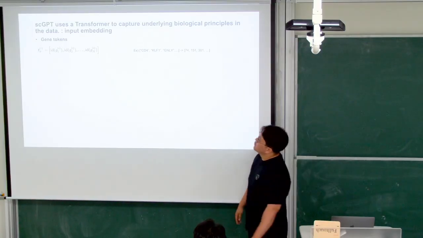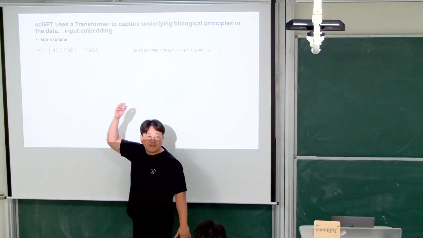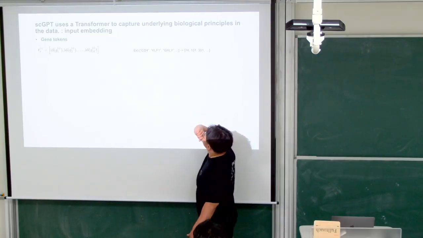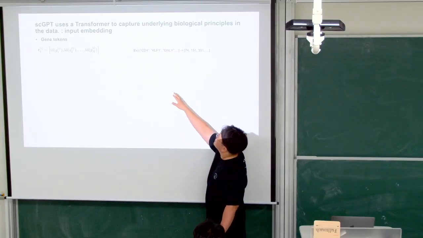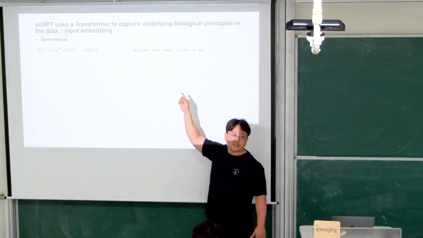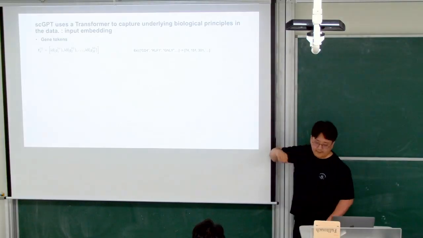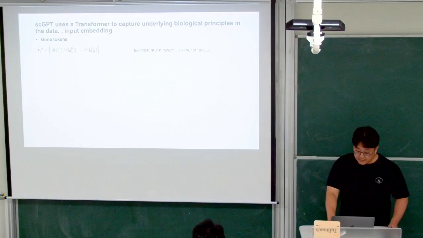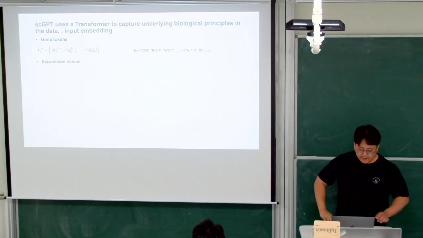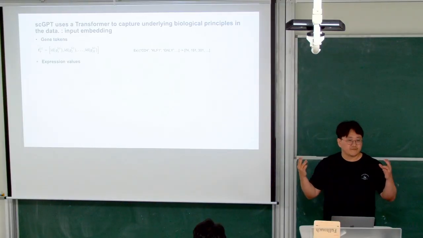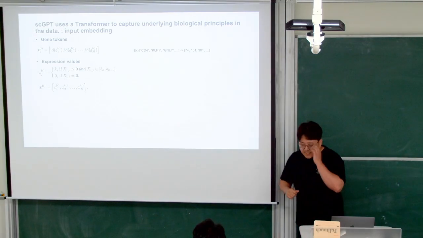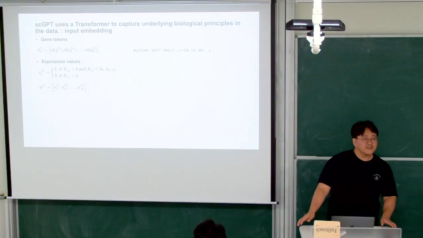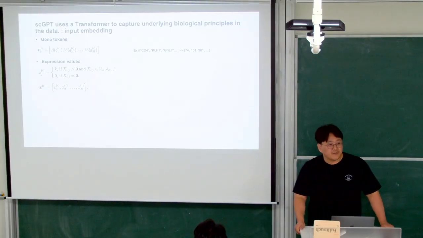So first, we have gene names. We have multiple gene names, and we will give an index to each gene using an integer. And we also have expression values. They use a very unique pre-processing method.